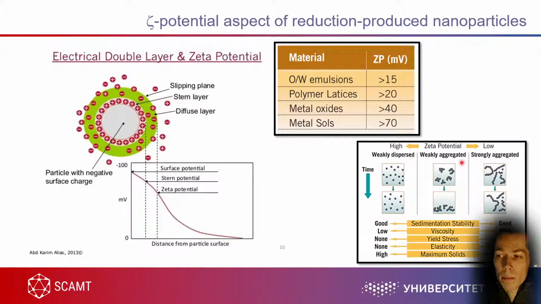But in some cases of average zeta-potential, particles will definitely aggregate, the viscosity will not be so high, and these particles will sedimentate. And if you add these particles, for example, to your cell cultures for testing, these particles will sedimentate on the surface of your cell cultures, of your cells.